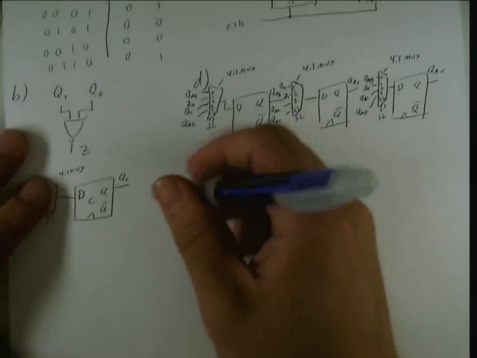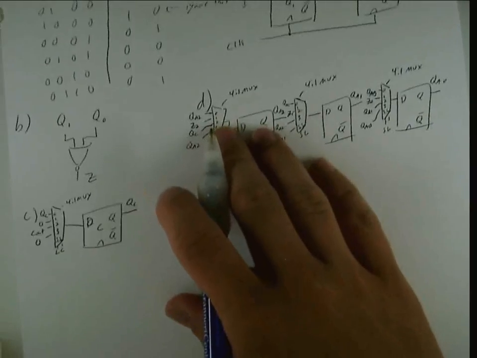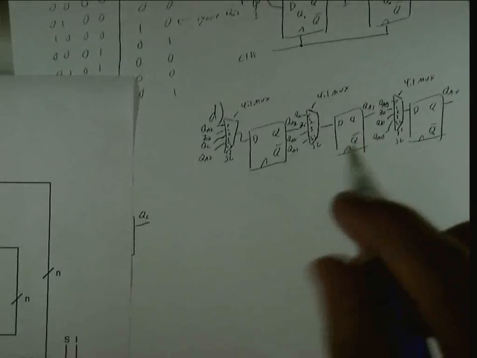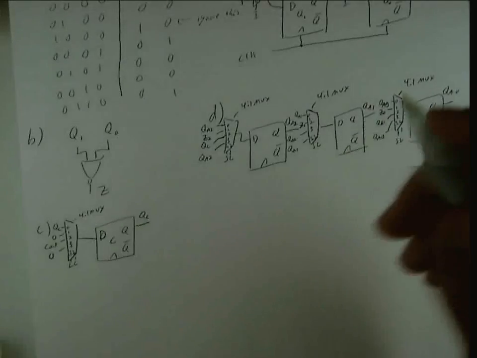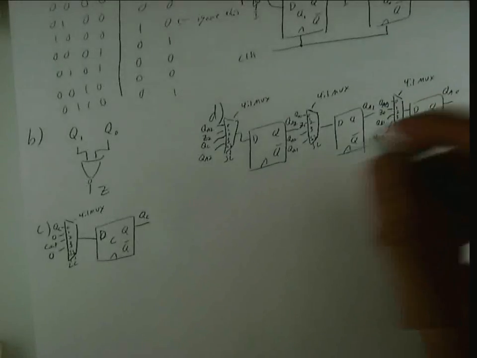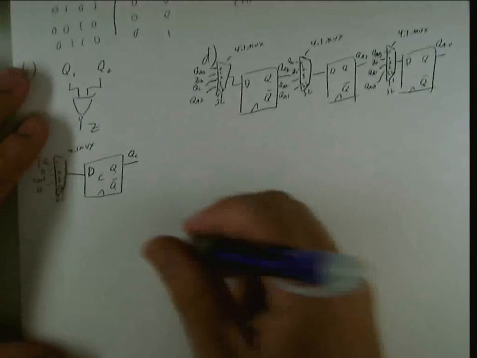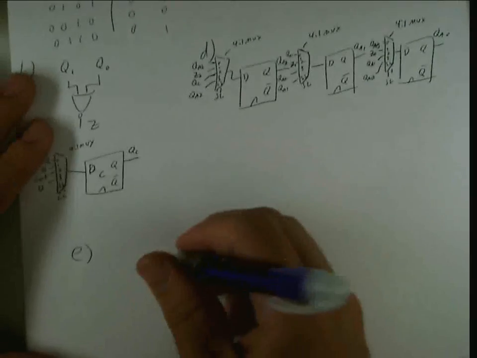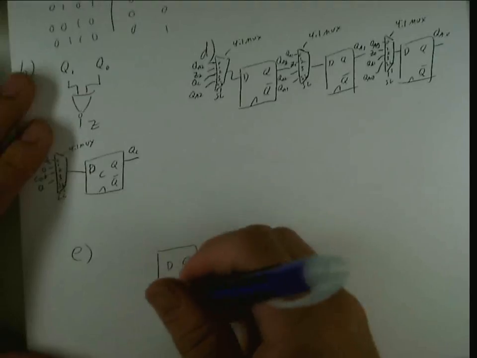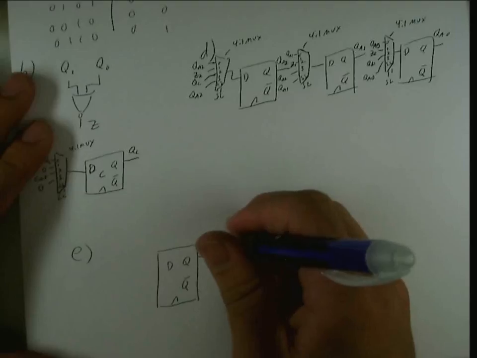And then for part E, again, we're just basically choosing between a shift register and a parallel load, and so why do anything complicated? We will just do the exact same thing one more time. So E, D, Q, Q bar, Q, Q2.